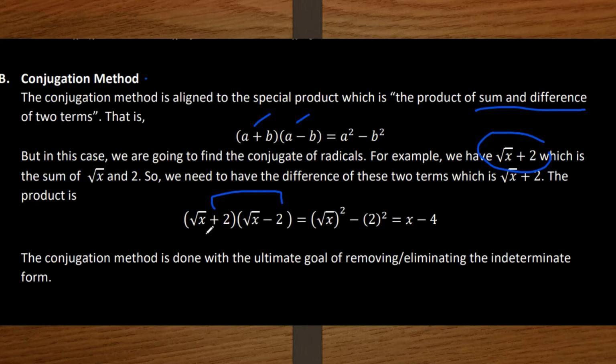So in the conjugation process, when you observe an addition as the separating operation to the two terms, babaliktarin mo yan at gawin mo siyang subtraction. So if you have square root of x minus 3, its conjugate is square root of x plus 3. So you just need to get the opposite operation, addition turn subtraction, and subtraction turn to addition.